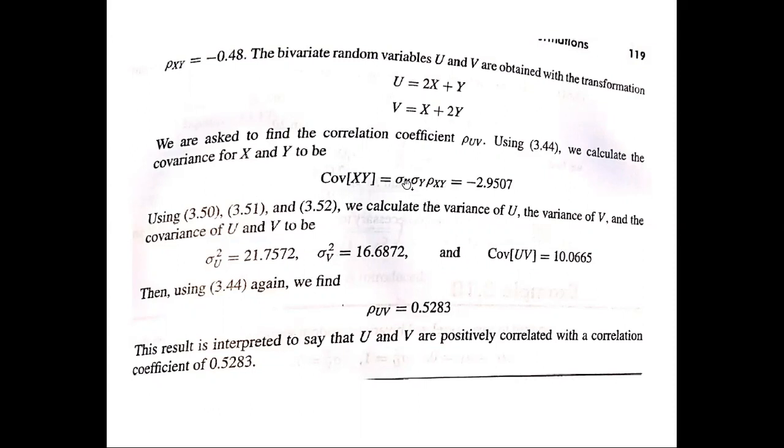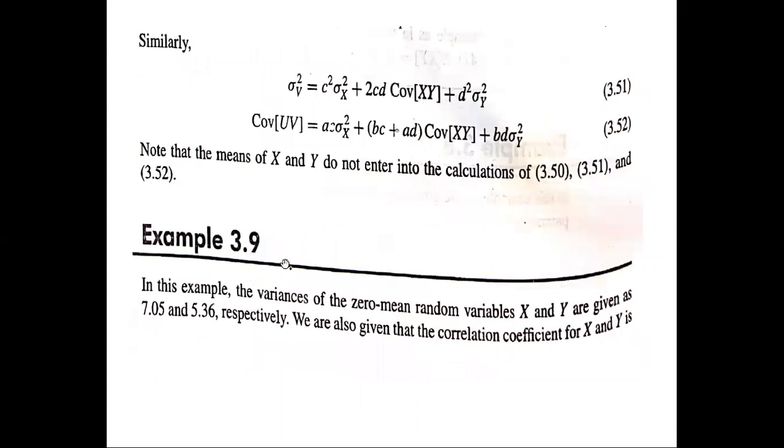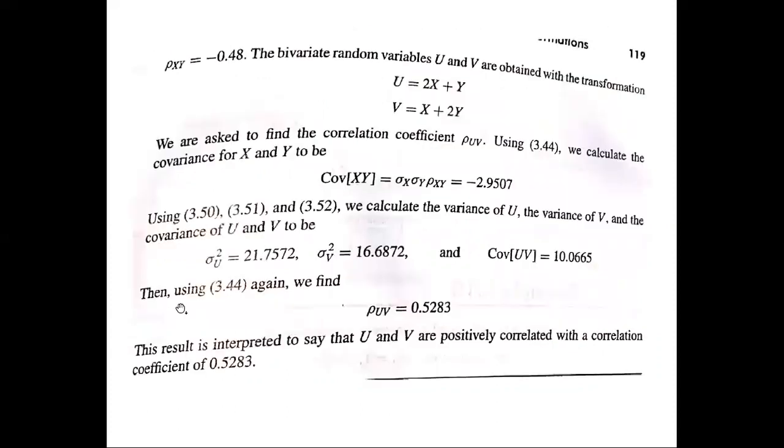Sigma x, sigma y are given to us. They are the roots of 7.05 and 5.36. 7.05 multiplied by 5.36, the root of that, and you need to multiply that with the value which is minus 0.48. So we will get the value minus 2.9507 for the covariance of x and y.